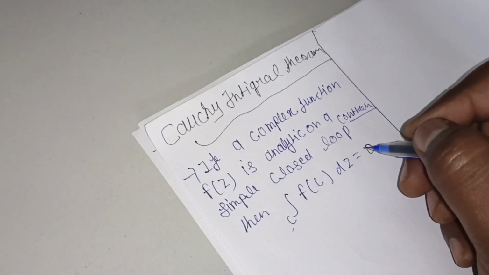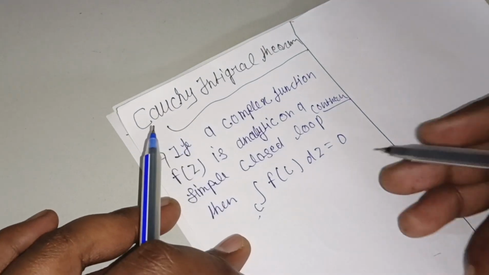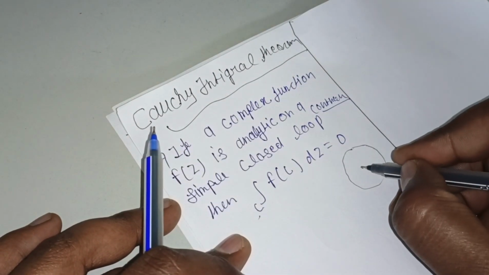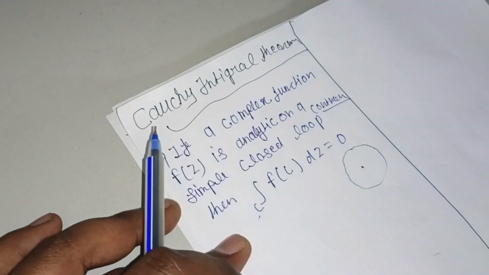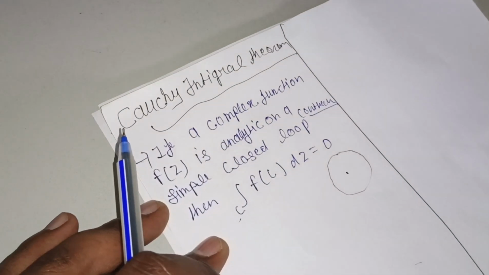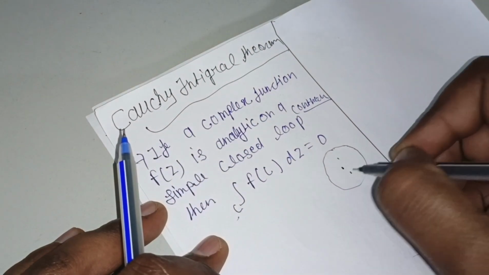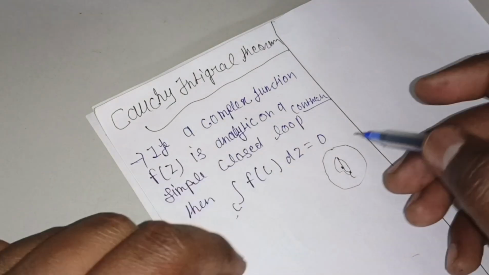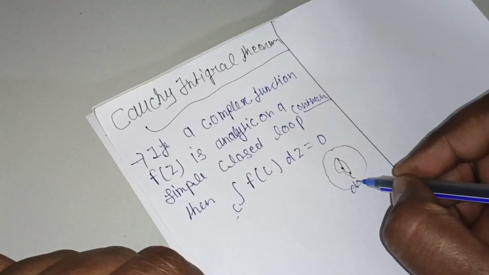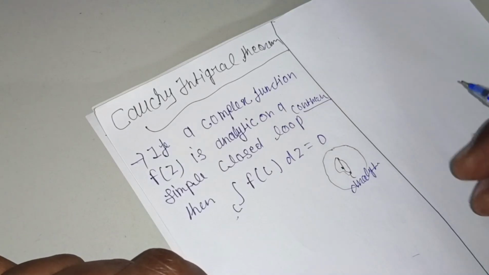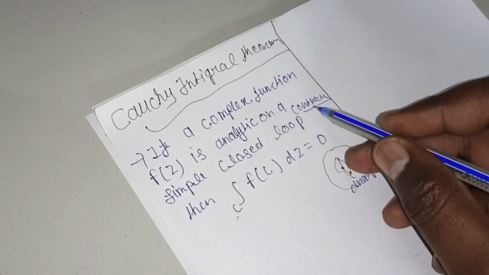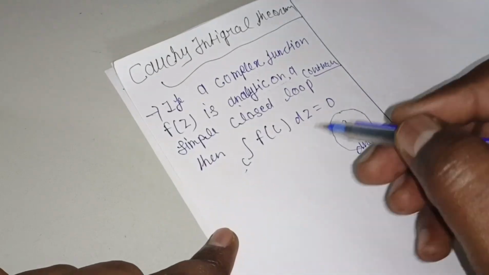Okay, basically what it is saying is, if the function is analytic inside the circle, if the point is analytic inside the circle, then the integral is zero.